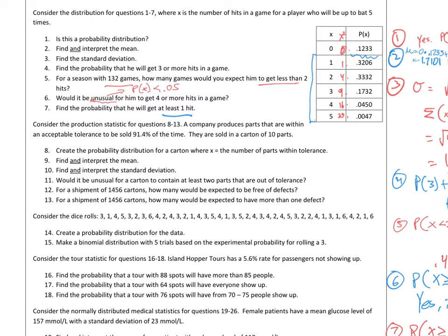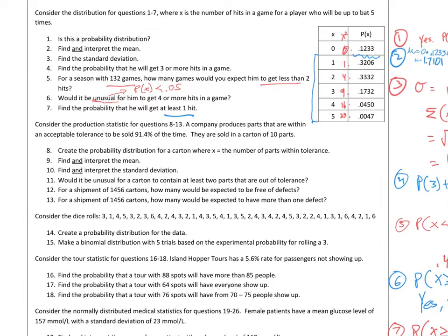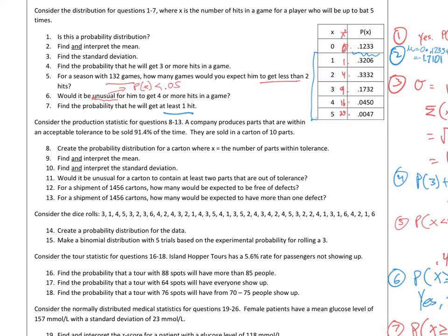Okay, next group here. So consider the production statistic for questions 8 to 13. The company produces parts that are within acceptable tolerance to be sold 91.4% of the time.